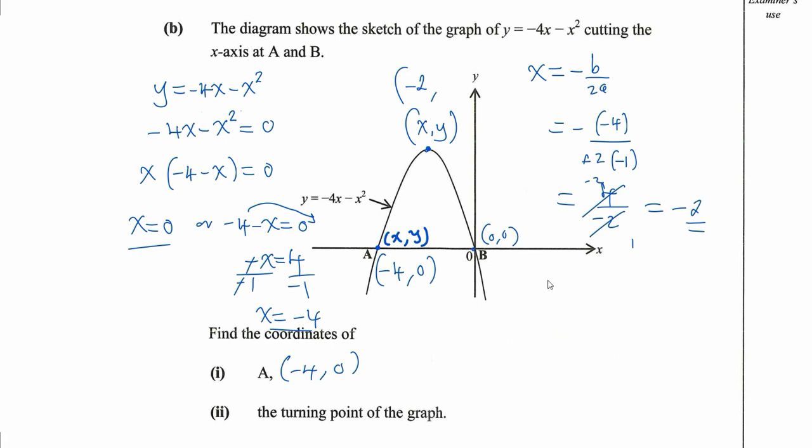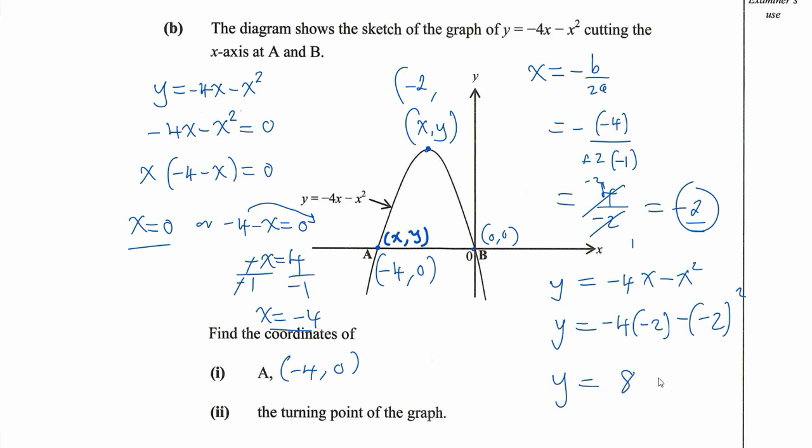So the given equation here is y is equal to negative 4x minus x power 2. So we shall say y is equal to negative 4. Here we substitute where there is x, we put the x value, which is negative 2, minus negative 2 here, power 2. So y is equal to 8 minus 8 minus 2.